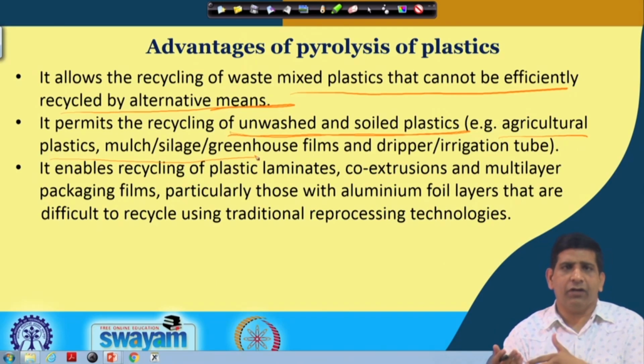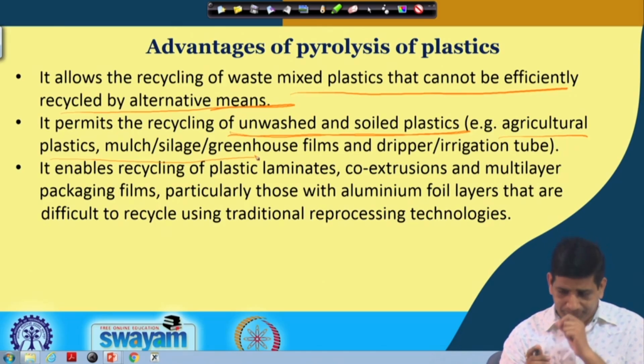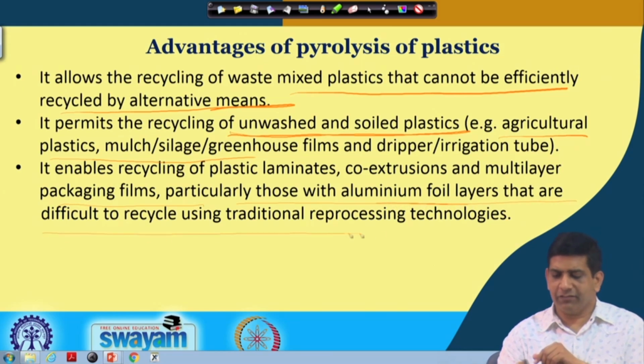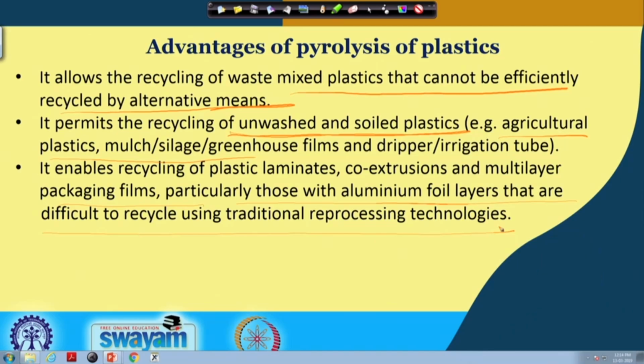Yes, the char that is produced will have those impurities showing up, but for the most part that will be okay. And you can process plastic laminates, co-extrusion and multi-layer packaging films, particularly those with aluminum foil layers that are difficult to recycle. So there is a lot of flexibility in pyrolysis plants for your application.